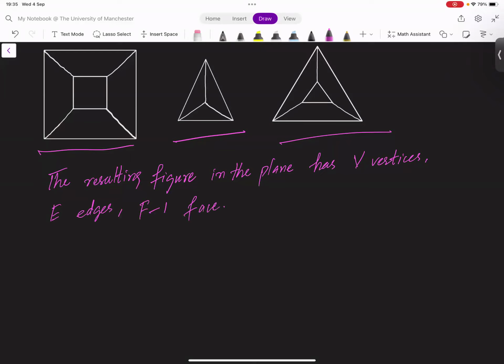We lose one face since the window is no longer a face.